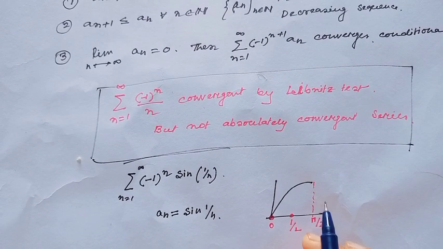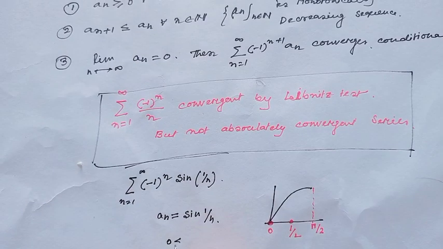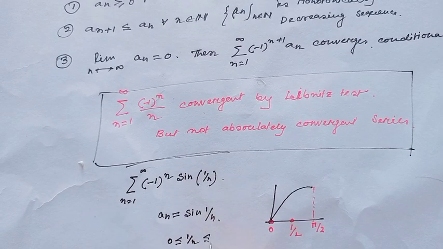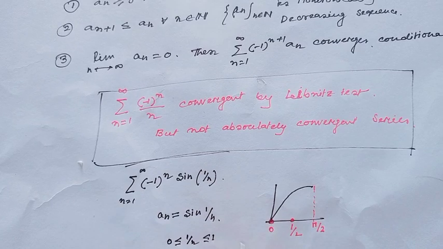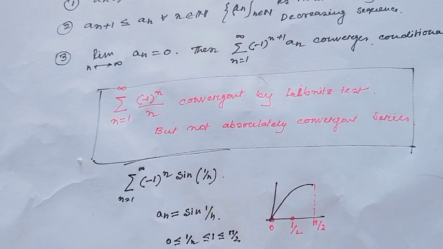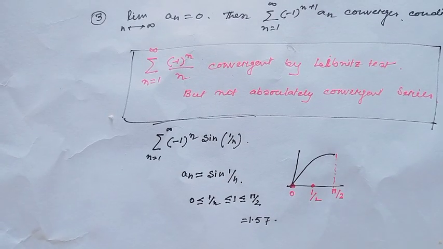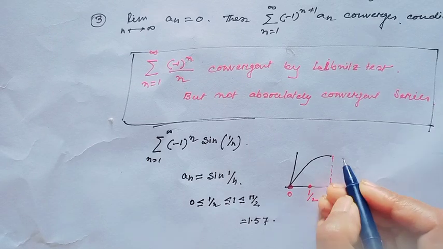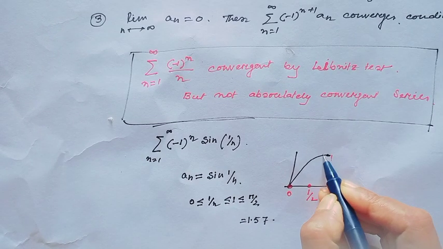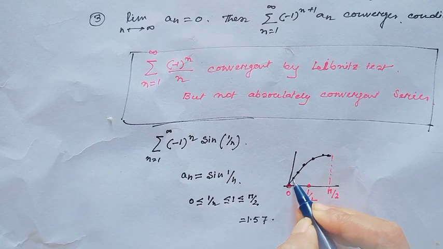Since 1 over n is always less than 1, and pi over 2 is 1.57, in this interval sine 1 over n is always decreasing.